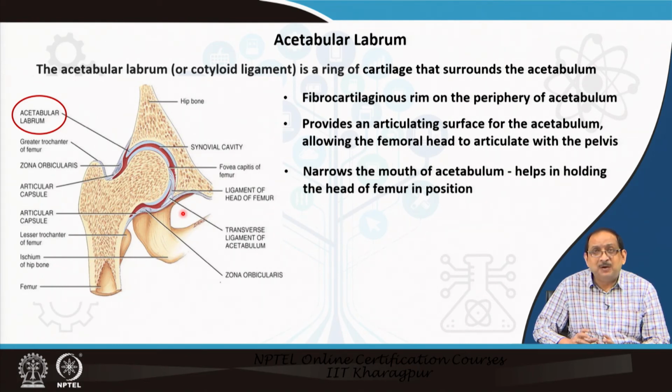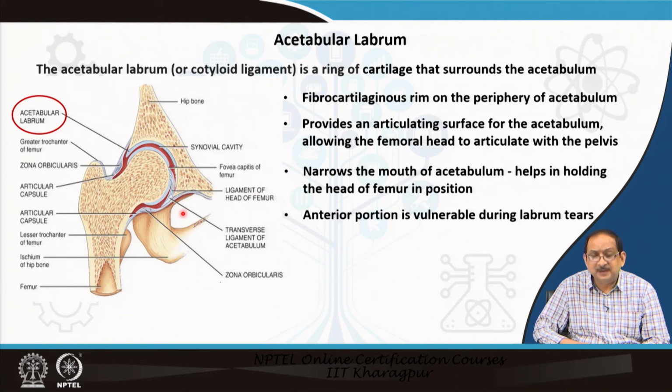It narrows the mouth of the acetabulum and it helps in holding the head of the femur in position within the acetabular cavity. The anterior portion of the acetabular labrum is vulnerable during labrum tears.